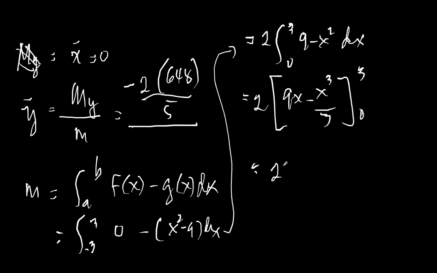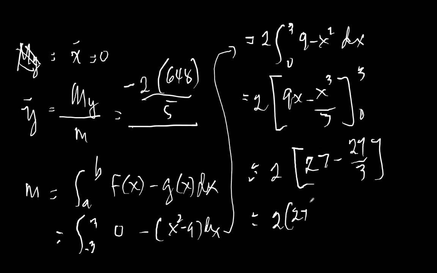Okay, here we go. So 2, and this is 27 minus 27 over 3. Since 0, I'm not going to substitute that anymore.